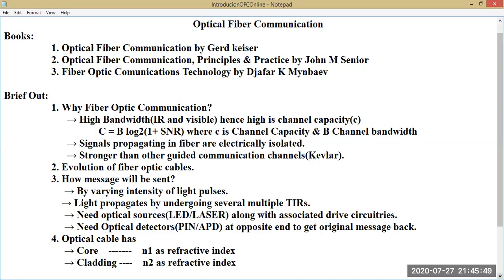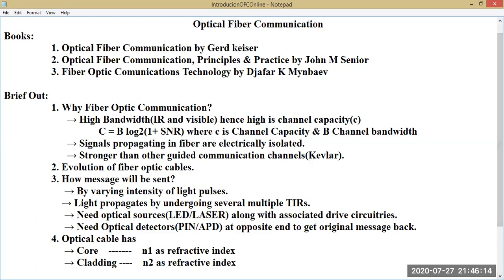So the first point I have written is regarding the bandwidth that these optical fiber cables provide. I said that these optical fiber cables are going to provide bandwidth in the powers of tens, I can say. So the bandwidth is 3 into 10 power 13 hertz to 3 into 10 power 15 hertz.